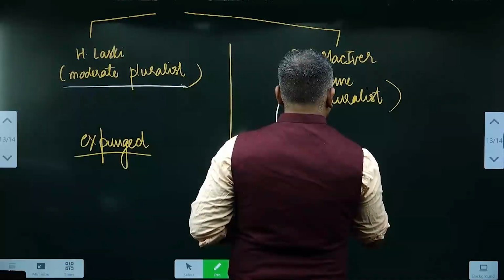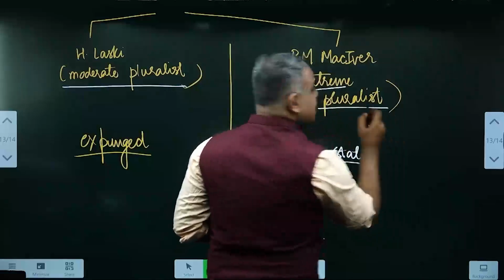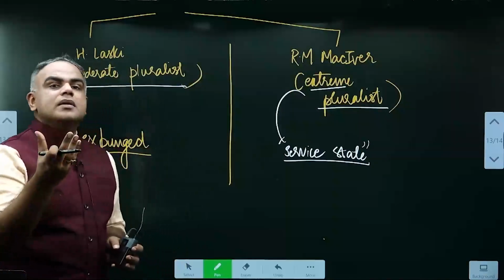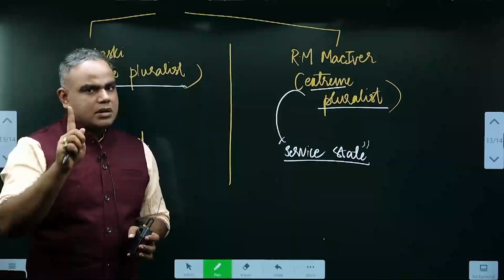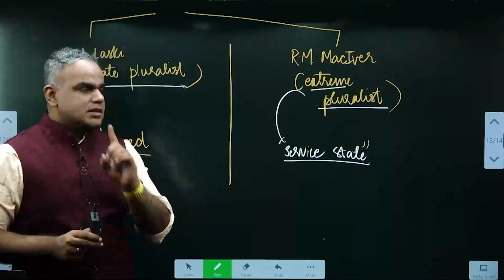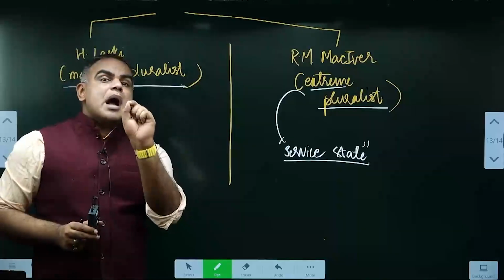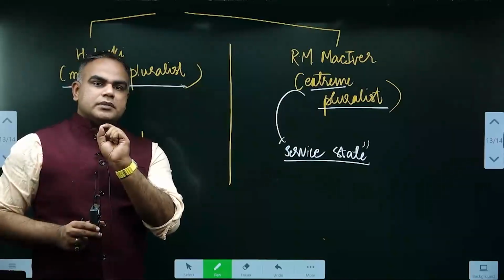Look, first of all, he's an extreme pluralist, and he will say that there is not one single entity but many. So the state is not one association, but it is amongst many associations, number one. And with the service state, he brings a very important concept. He says, a state commands because it serves, right?